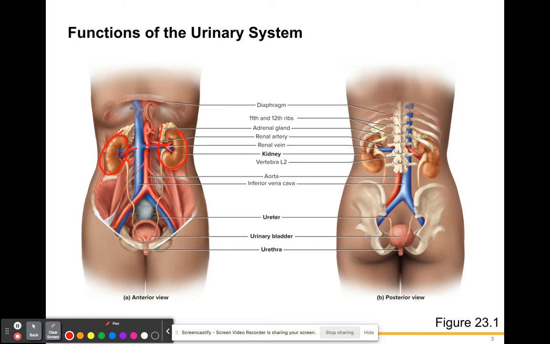We have our ureter, which is this tube that goes all the way down from both kidneys. And then we have our urinary bladder, which collects our urine and then exits through the urethra in both males and females. We will basically be looking at just the kidney portion today, and we will look at the rest in our next lecture.